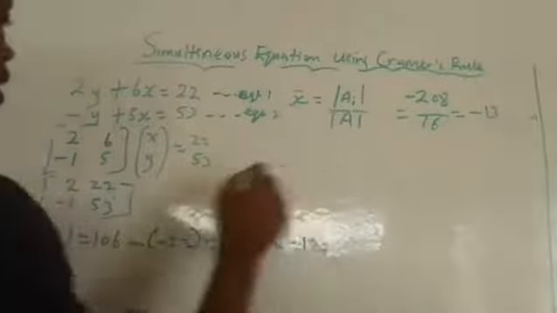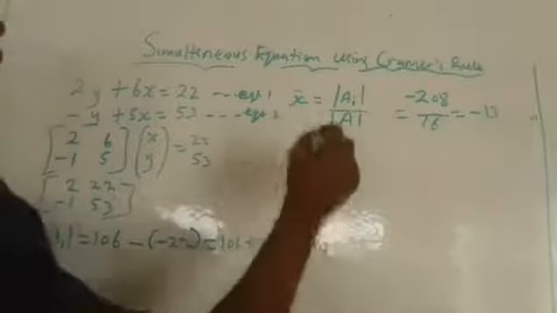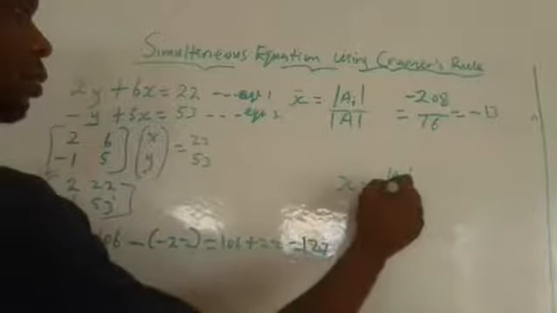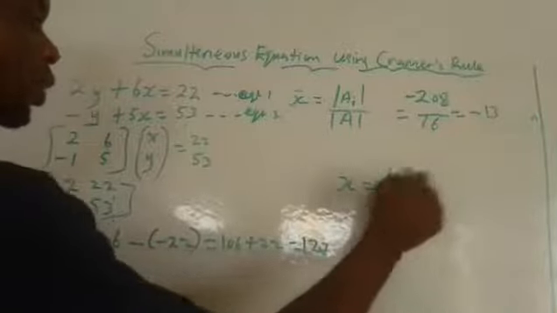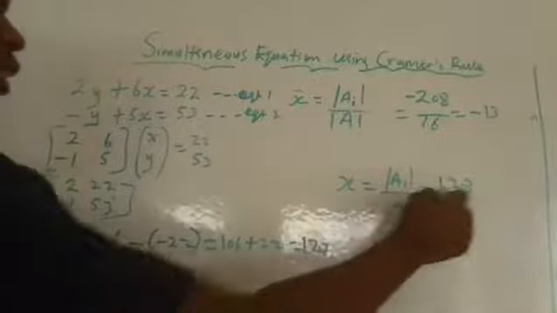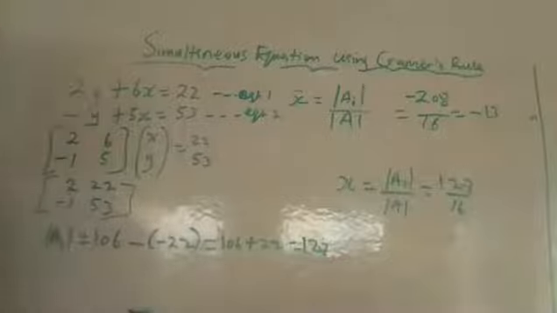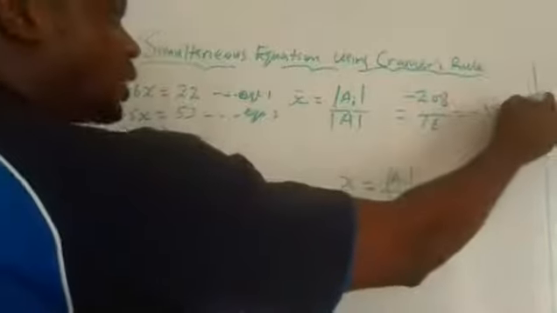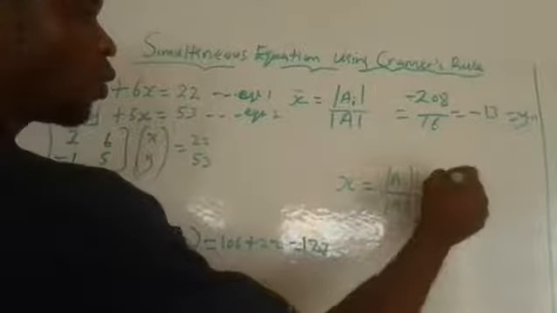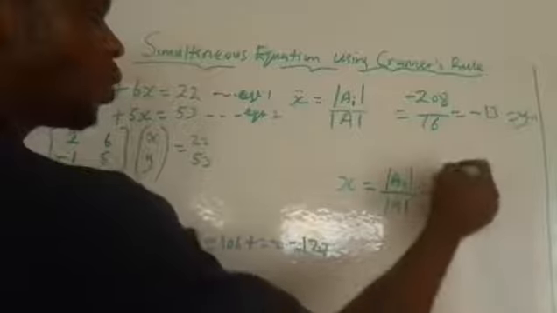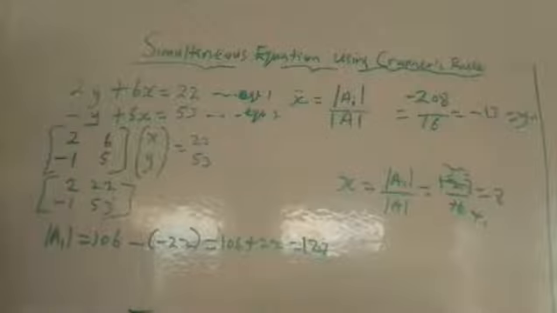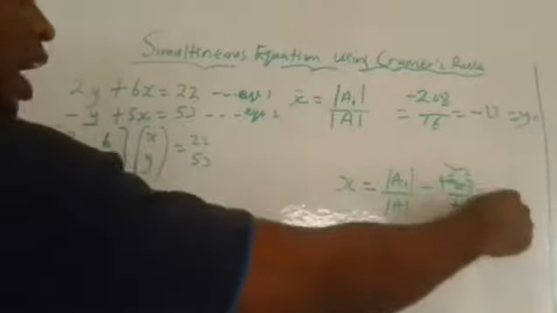So we have 128 over the determinant 16, and that gives us 8. So our x will be 8. Our y is minus 13, our x is 8.